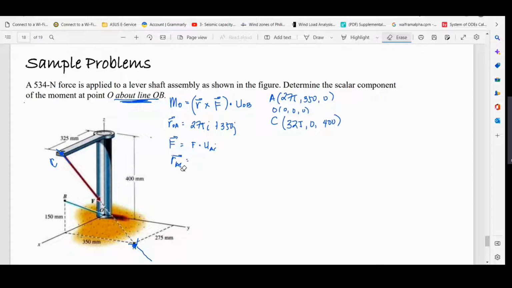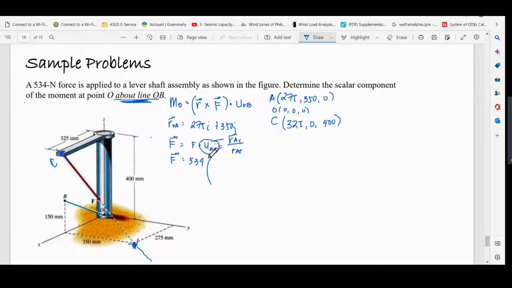Diretso na natin. Okay. So, yung ating Cartesian vector form for force F, ano yung F natin is 534. So, again, this one is equal to position vector AC divided by the magnitude. So, pwede natin i-diretso. A minus C tayo. A will be the head.